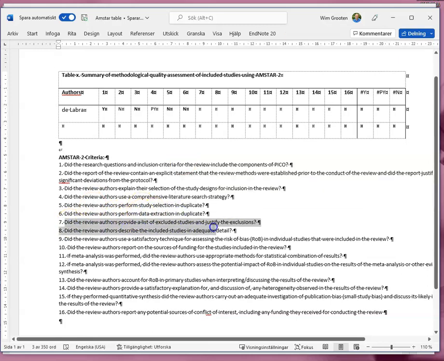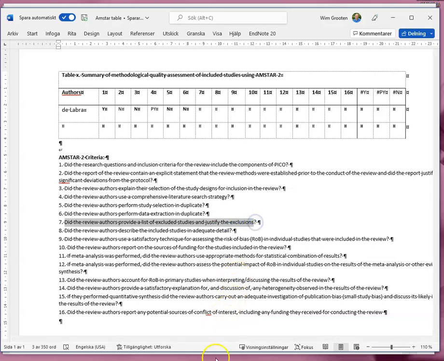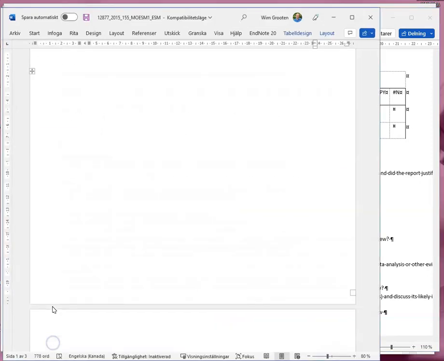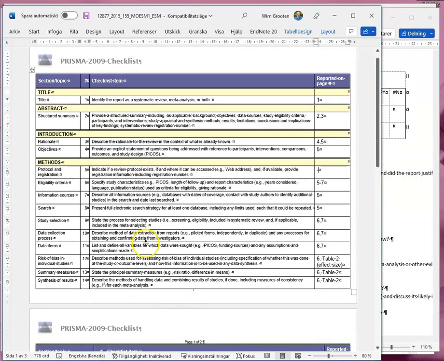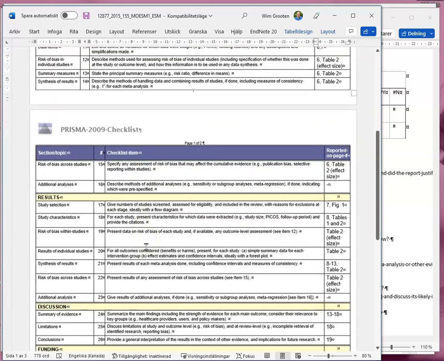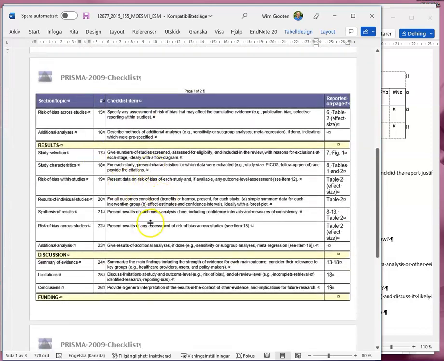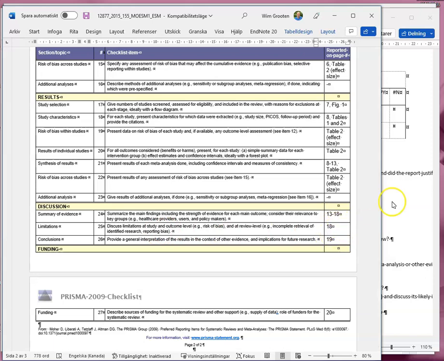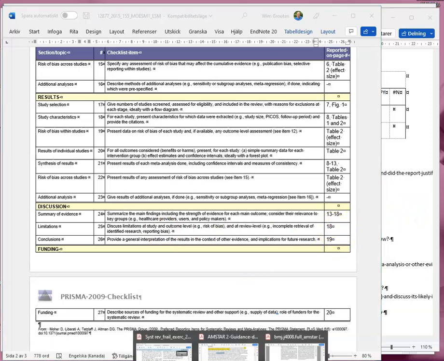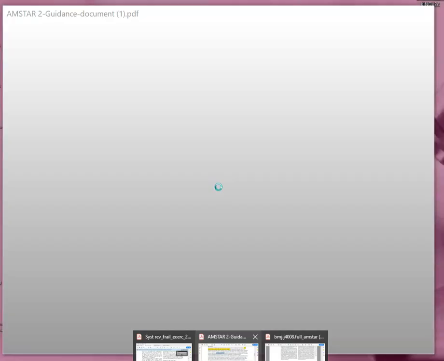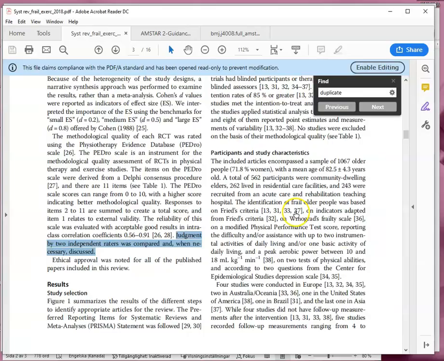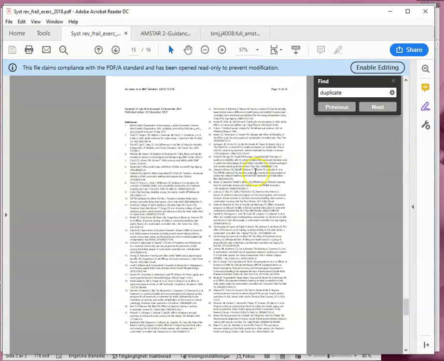Did the authors provide a list of excluded studies? I maybe can check in this checklist if there are excluded studies somewhere here. And mostly the excluded studies used to be at the end of the paper.